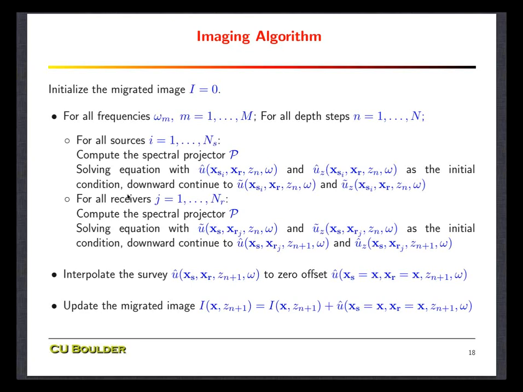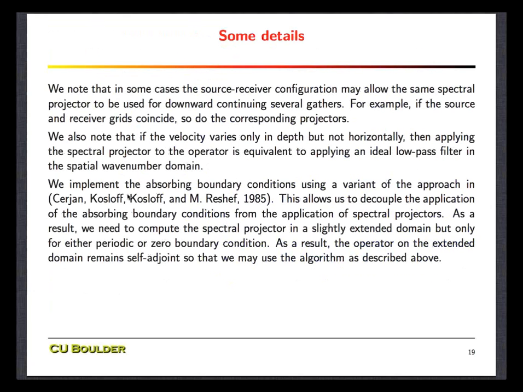Notice that you do it for all frequencies and for all depths, so it's a quite significantly large loop. But for 2D problems, it's quite reasonable and you can compute it just fine. For 3D, well, you need a bigger computer, basically.